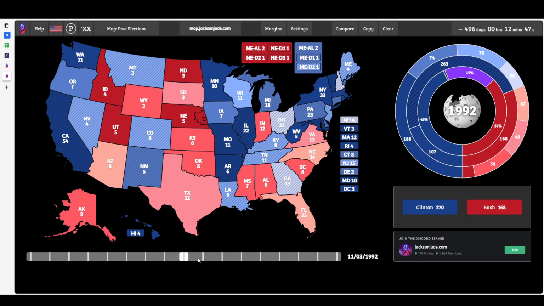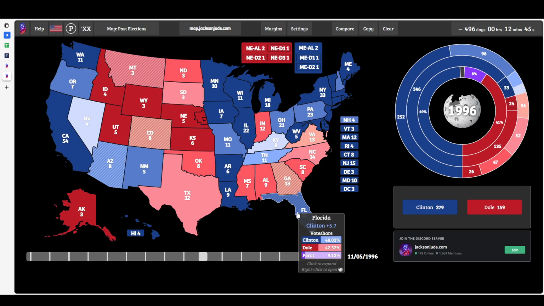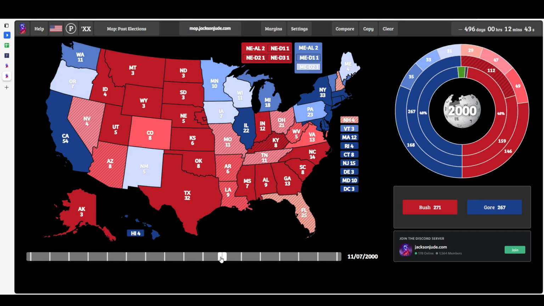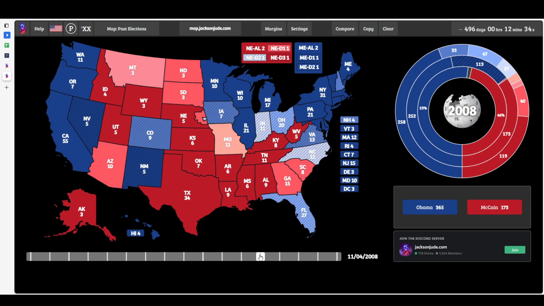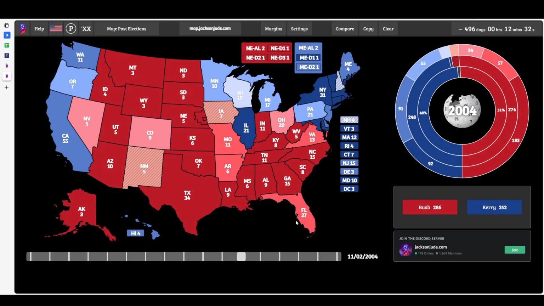This was the first time that it voted for the loser, but then voted for him by 5.8 in 1996. Bush narrowly won it in 2000. There's disputes on that. 2004, 5 points for Bush, just under. As you can see, this is likely, or just over likely rating.